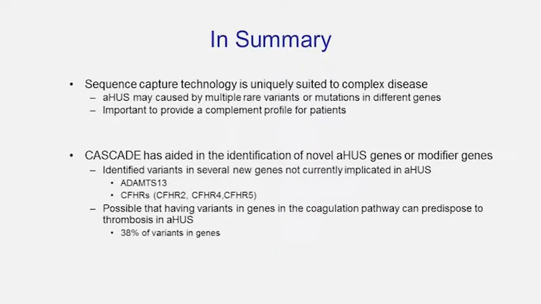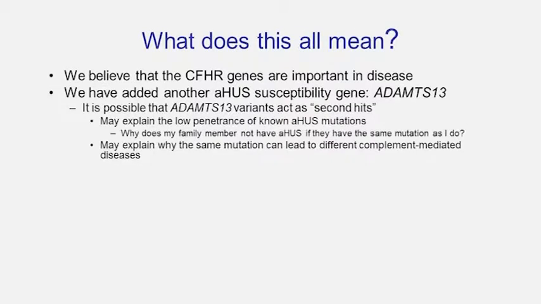And then it's also aided in the identification of possible novel genes such as ADAMTS13 and the related. And it's actually implicated a whole other pathway, the coagulation pathway, that maybe we hadn't been looking at but maybe could be important in answering some of those other questions.